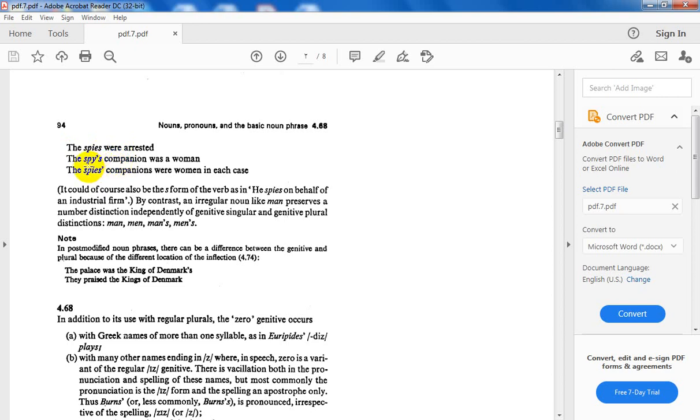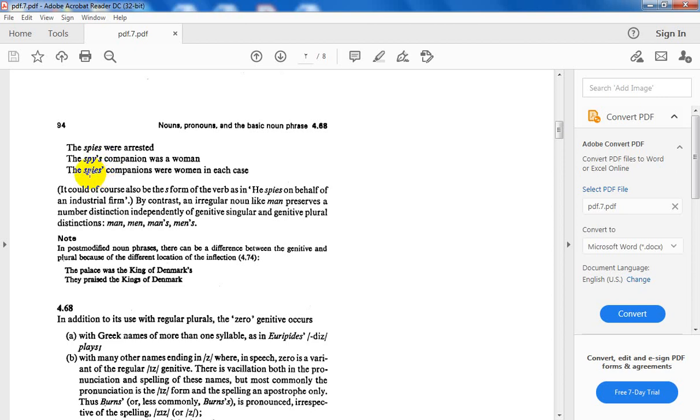But here I have the singular form, apostrophe, then I have the S genitive. Then I have here spies, the plural form of the noun, followed by the apostrophe.